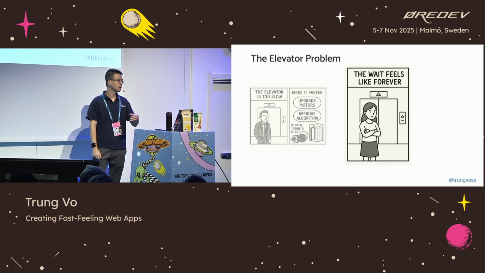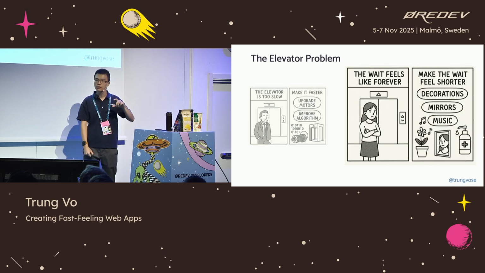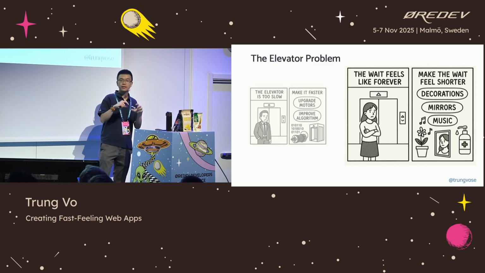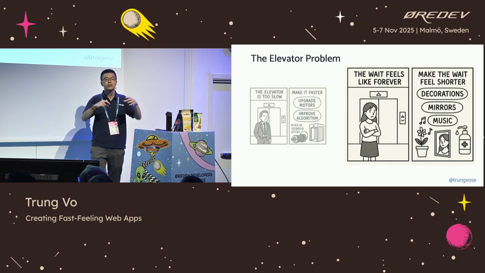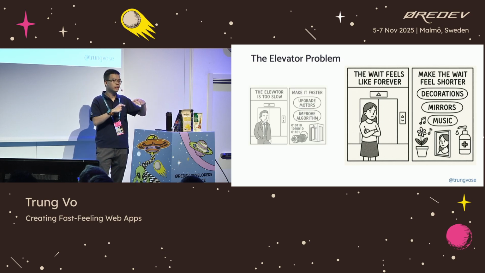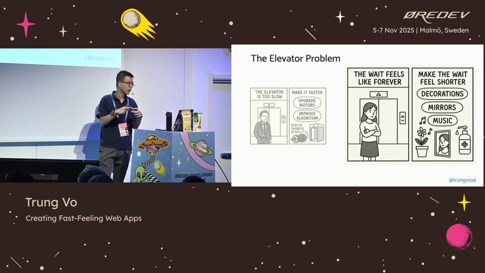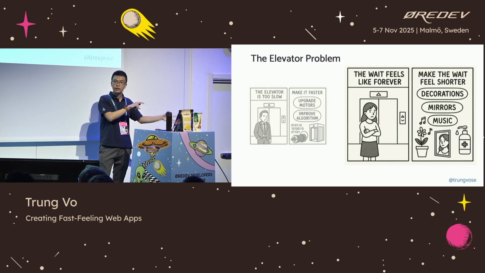Because of that, you start to add a mirror so that it kills your time, or play some music instead of it being super quiet. And because of that, you don't really notice the wait anymore. I mean, it's still there. It's still the same time that we are waiting. But because something occupies your time, you don't feel it as long anymore. So that's the difference between the real speed and what you feel.